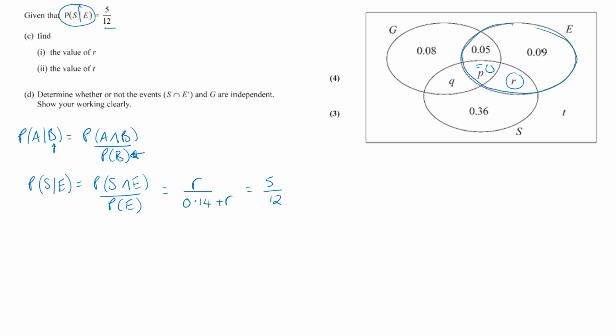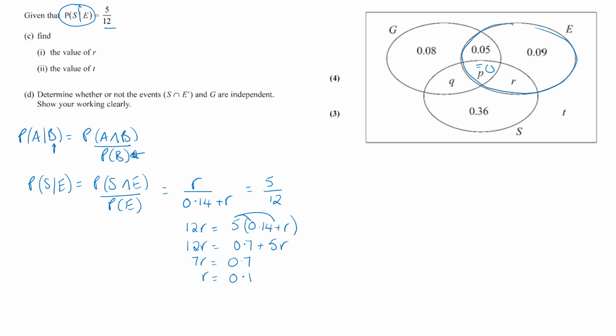All we need to do is cross multiply now. 12R is equal to 5 times 0.14 plus R. Take the 5 in. 12R is equal to 5 times 0.14 is 0.7 plus 5R. Take the 5R over, 7R is 0.7, so R is going to be 0.1.